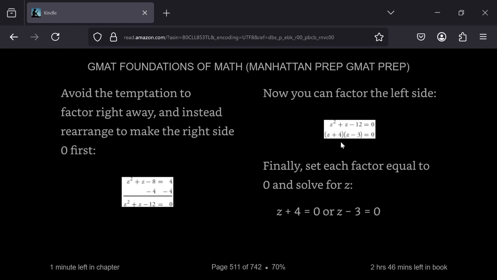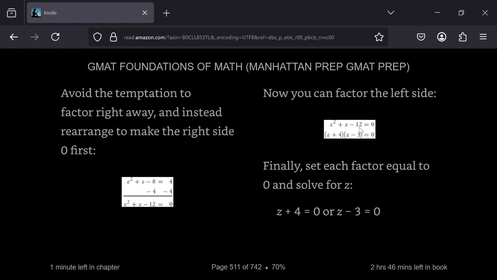Based on the previous pages, what we get is something like this: parentheses z plus 4, multiplied by parentheses z minus 3. We know it's 4 and negative 3 because we need to get negative 12, and if we multiply 4 and negative 3, we get negative 12.